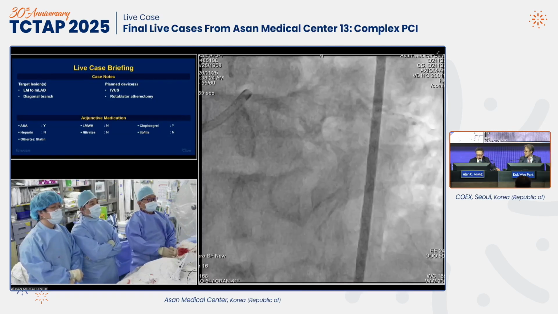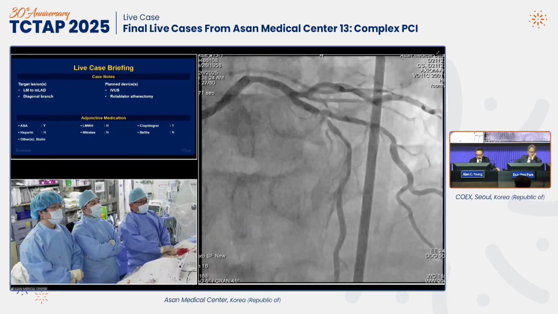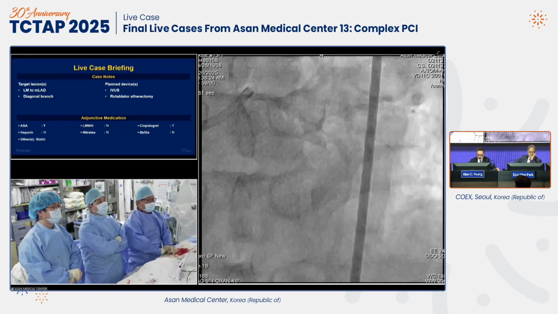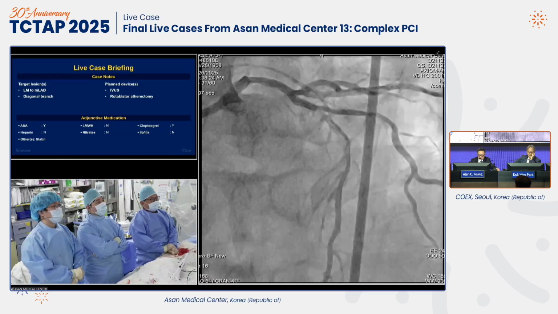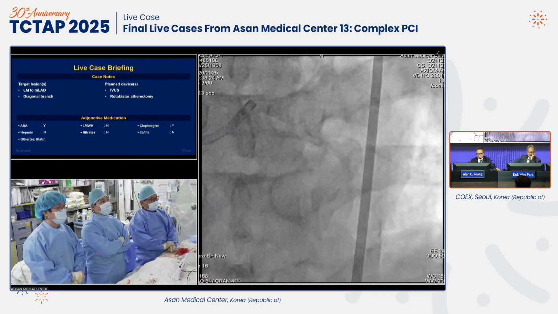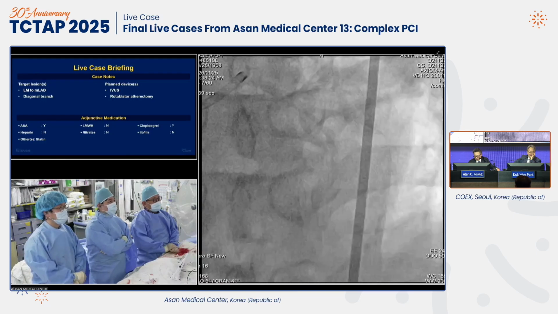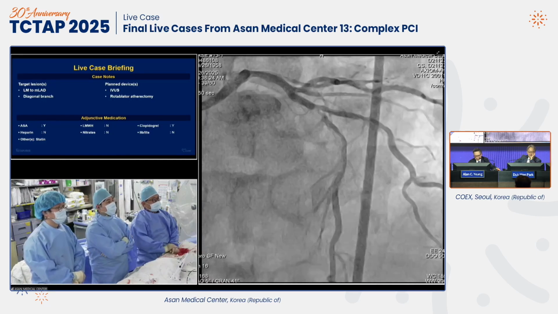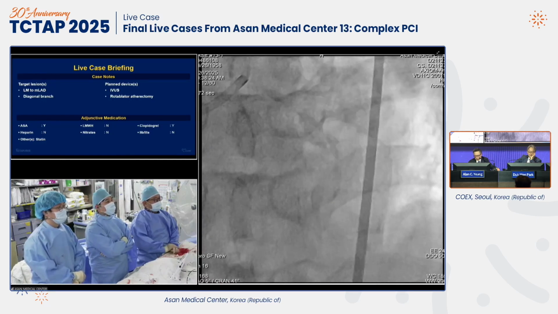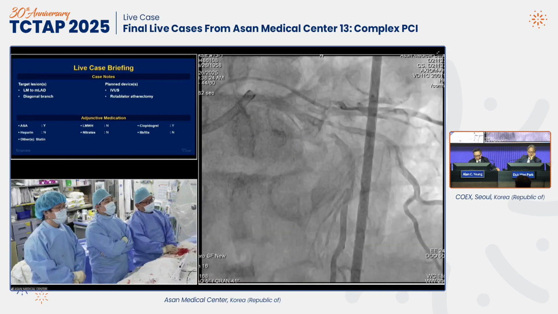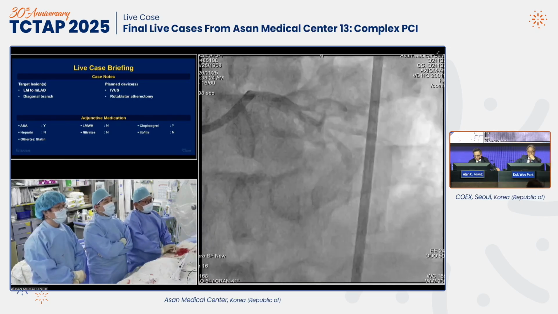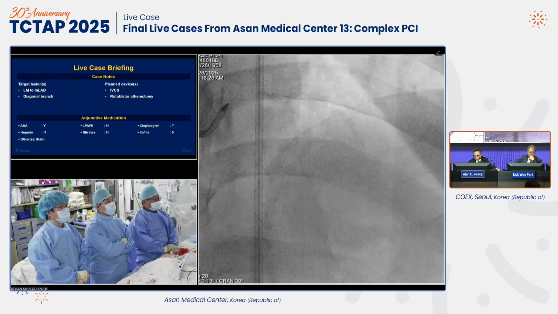So Jung-Min, I think most people would say rotablator here. Yes, from the beginning, we planned the rotablator first because the wiring is also very difficult based on the angiogram, very tight stenosis. So we saw the IVUS from the diagonal to left main, so the very calcified lesion. But from the beginning, I'd like to do rotablation.